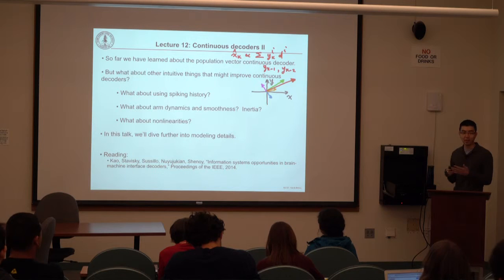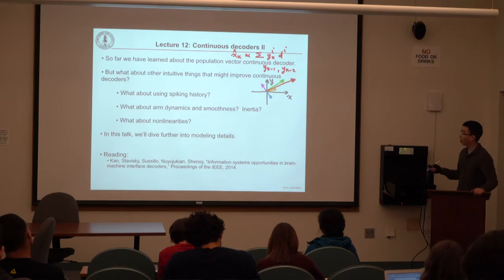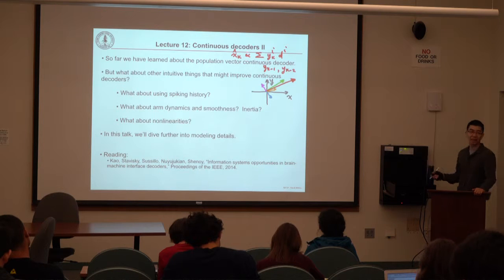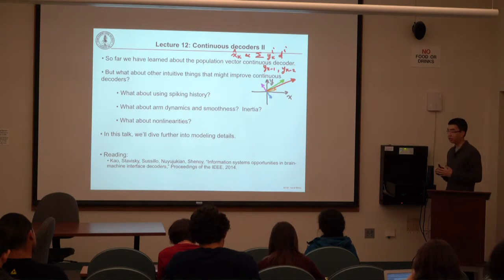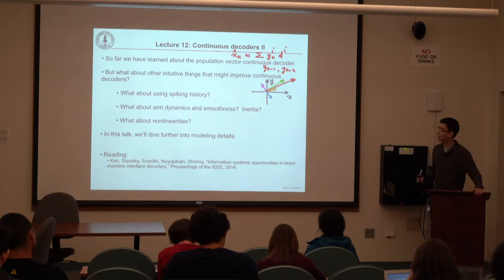For example, let's say the bin width is 20 milliseconds. We're saying that the decoded kinematics at time 500 milliseconds are a function of your neural data at time 500 milliseconds. But what about the neural data at 480 and at 460? We know from observations that this neural data is, in fact, informative of the velocities.